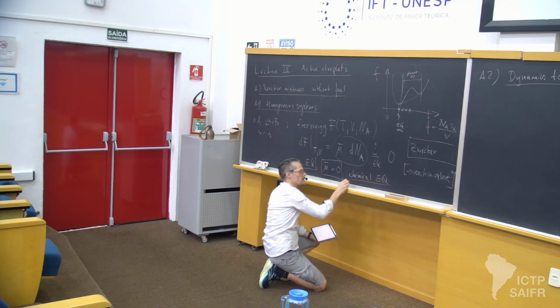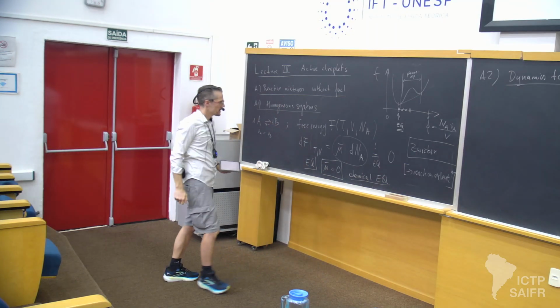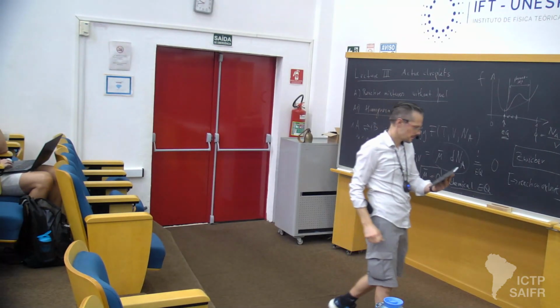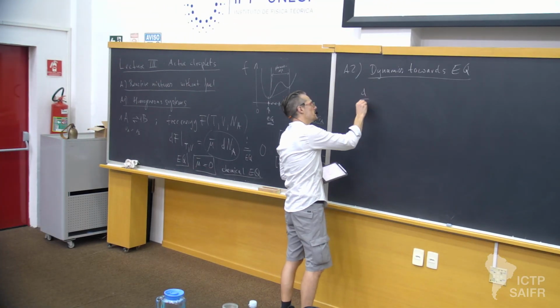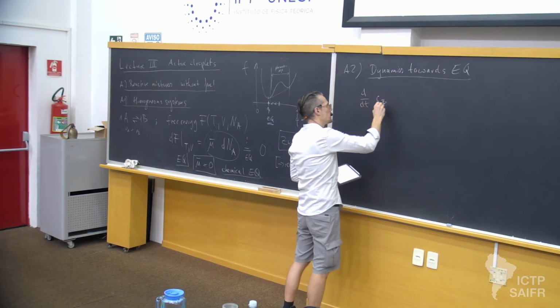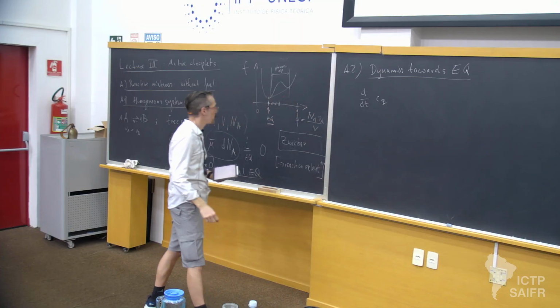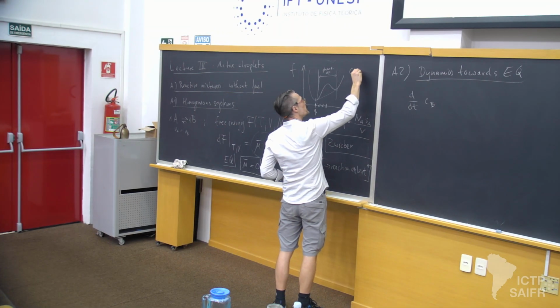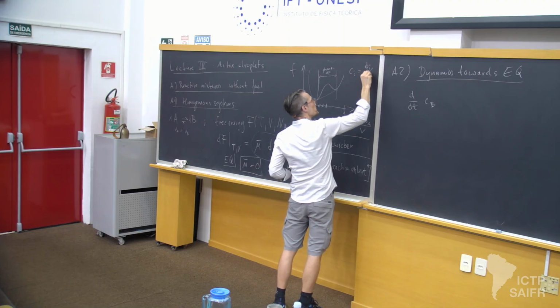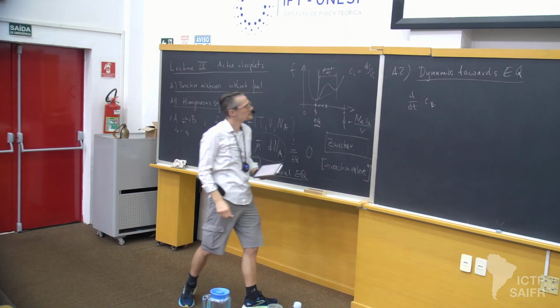If there's no other process happening, this corresponds to thermodynamic equilibrium. So for a homogeneous system, what is the concentration? Remember, the concentration was always n_i over V.